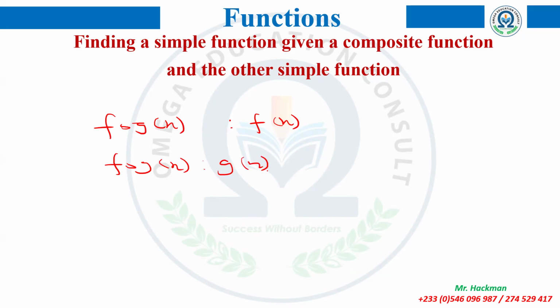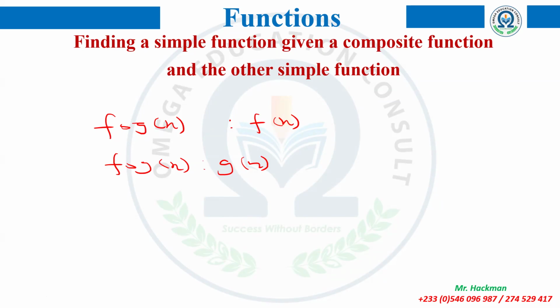So if g of x is given, which function would you be asked to find? f of x. So here, if you are given the composite function and f of x, then you will be asked to find g of x. If you are given the composite function and one function is given, then the other function is what you'll be asked to find.